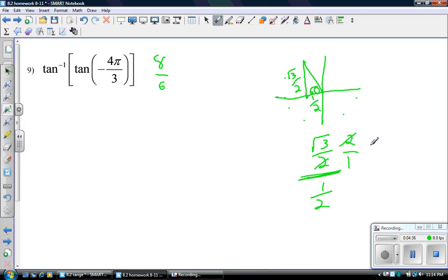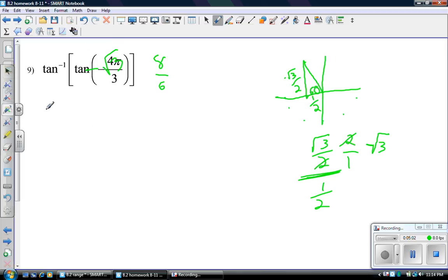And you're just left with root 3. Now, I've got to be careful here. All students take calculus. Only sine is positive in this quadrant. I'm doing a tangent problem. So actually the answer is going to be negative root 3, just for this part that's in the brackets.